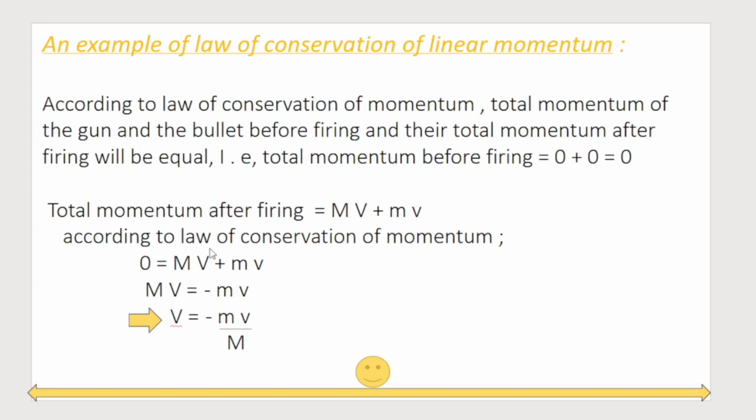According to the law of conservation of momentum, 0 is equal to MV plus mv. So we get MV is equal to minus mv. V is equal to minus mv by M. Usually they will ask you for the velocity of the gun in most of the questions, but just remember this formula, the rest will be done.